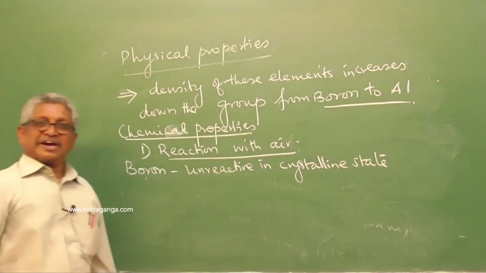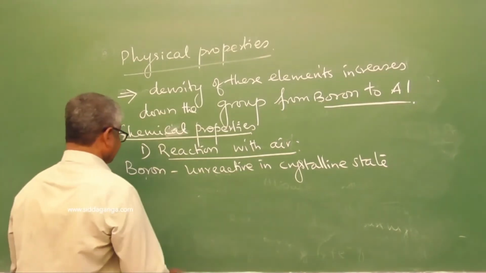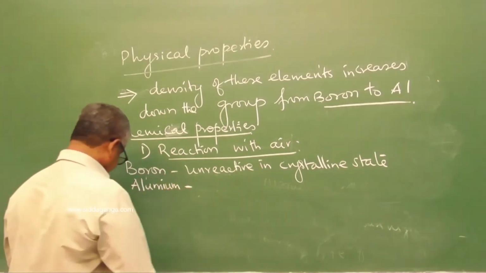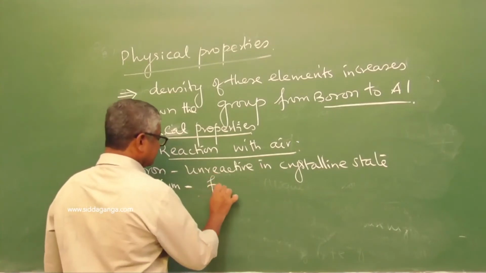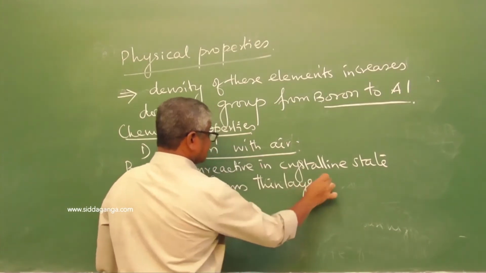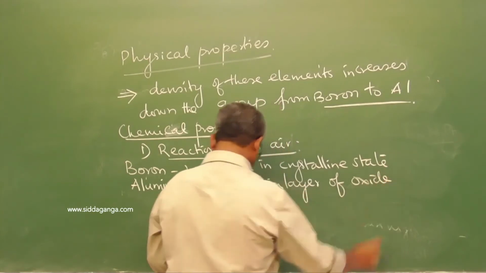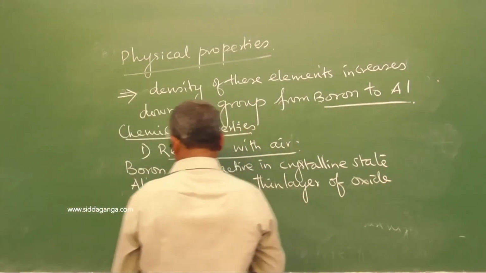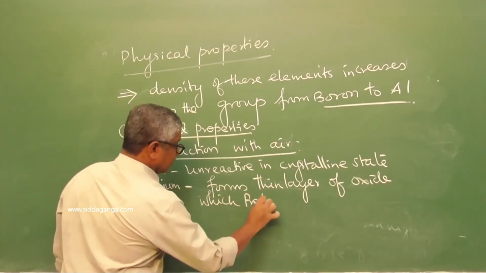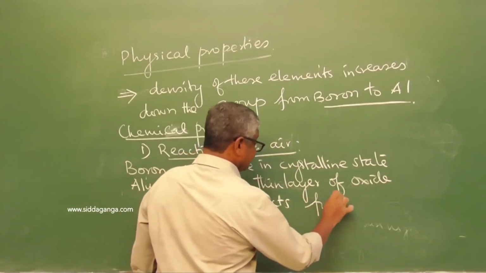Not only boron, aluminium also. In crystalline form, aluminium forms a thin layer of oxide, which protects it from further attack.